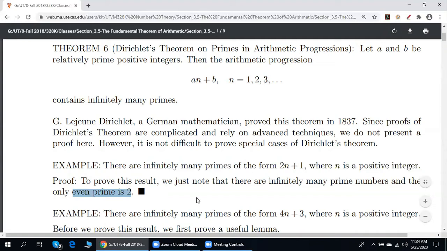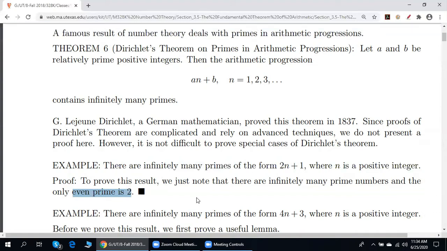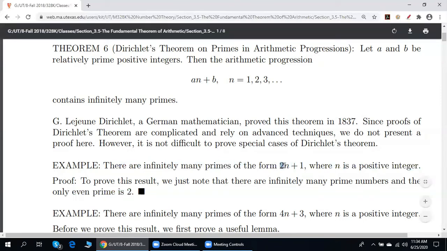Since there are infinitely many prime numbers and the only even prime number is 2, the rest are odd prime numbers. There are infinitely many odd prime numbers. And we're done.